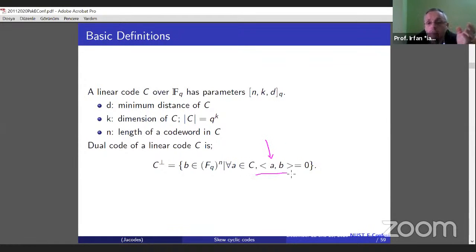And here it is the familiar one, meaning we multiply component-wise and add them up. The only difference is that in the field, things work modulo p if q is a power of p, so modulo the characteristic. That's what's happening. And if you are in a ring, it depends on its characteristic as well.